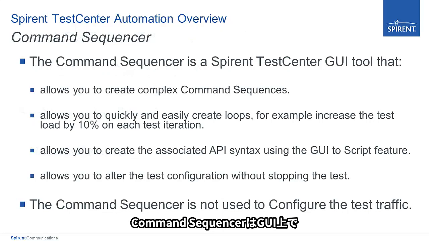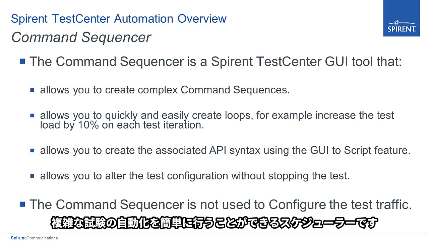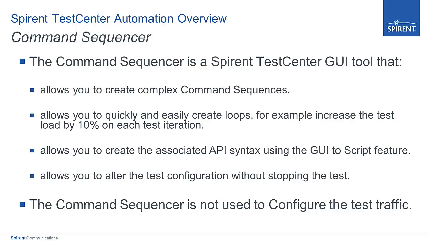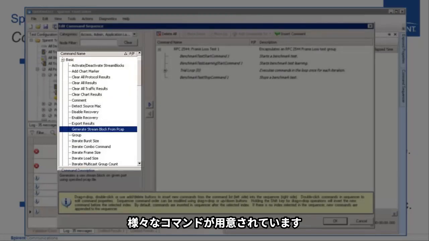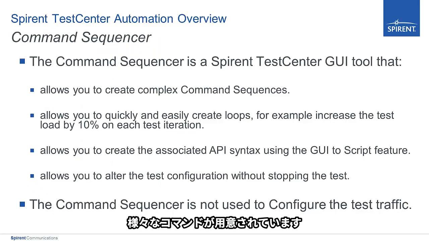The command sequencer is a Spirent TestCenter GUI tool that allows you to create complex command sequences. With a click of a couple of buttons, you can create these sequences that include starting the analyzer, stopping the analyzer, starting capture, items such as that. It allows you to quickly and easily create loops.